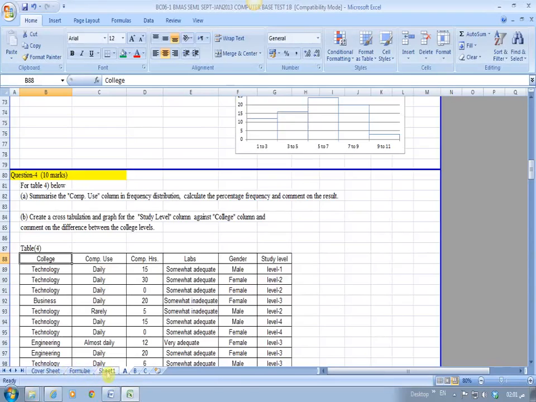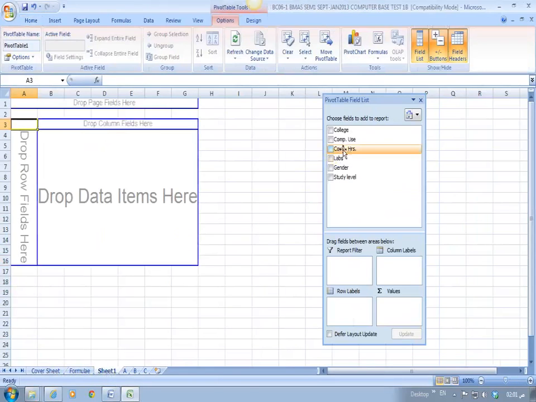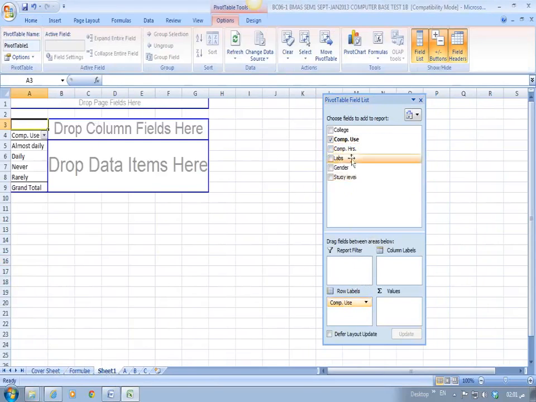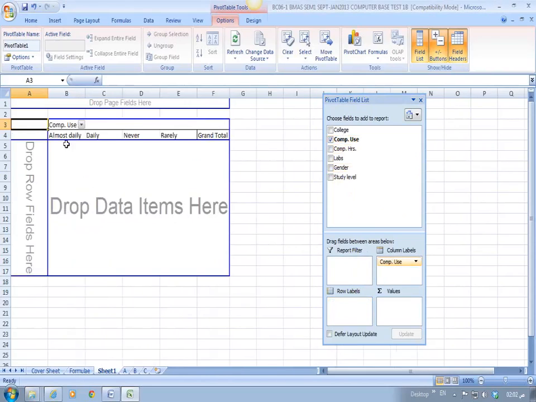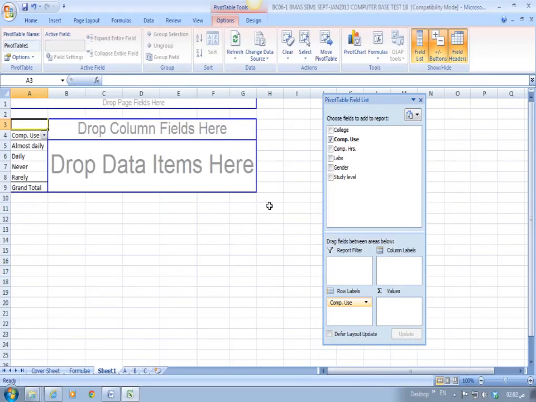So we click the field here, and this is the use of the computer. You can put it in the row when you click it, or you can drag it. See here, the shape is changing, either up or down.